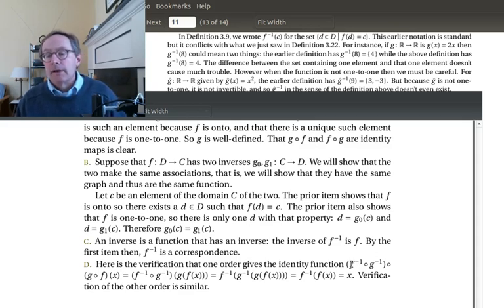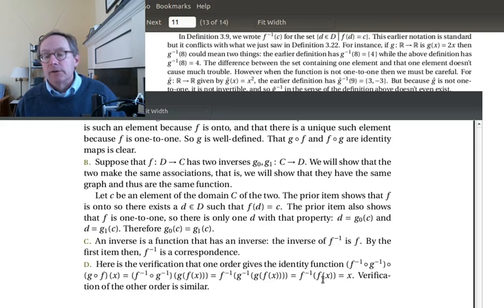You take f inverse composed with g inverse, composed with g composed with f. g composed f means g of f of x. f inverse composed g inverse is applied to whatever this thing is. It happens to be g of f, but it could be anything. Applying f inverse composed g inverse to g of f of x gives you f inverse g f.